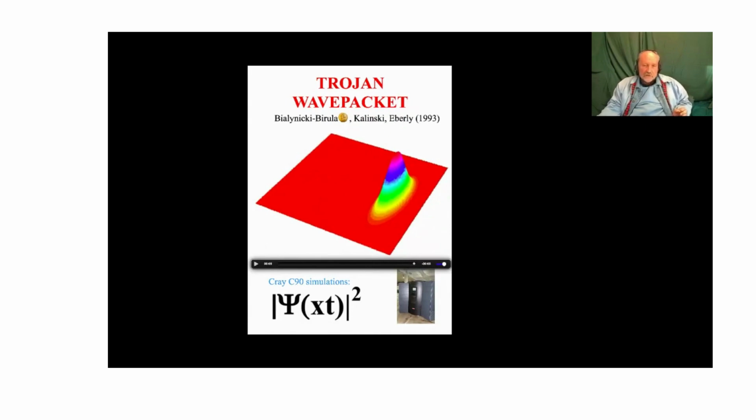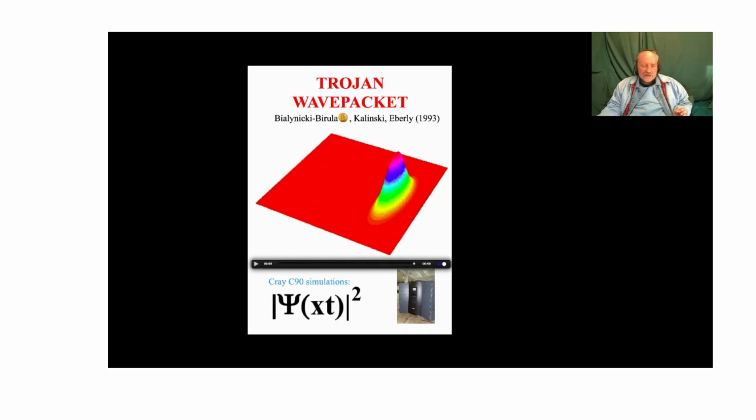Joseph Eberly from University of Rochester, and Iwo Białynicki-Birula from Warsaw, Poland, who recently was granted the Wigner Medal for these states as one of the many contributions of his life work. And I observed them first on Cray simulations in 1993.